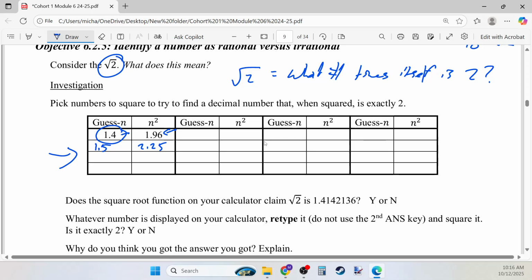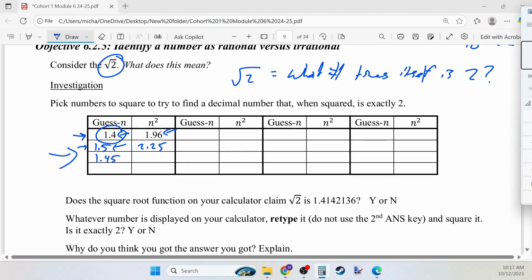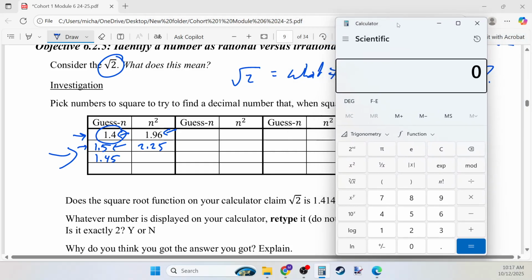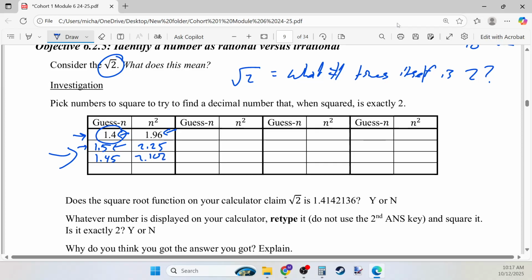So I need something between 1.4 and 1.5. Maybe I try 1.45. That's halfway between 1.4 and 1.5. So maybe I pull up my calculator and do 1.45 squared. I have a square button here on the calculator. That's 2.1025, which is closer, but still too big.